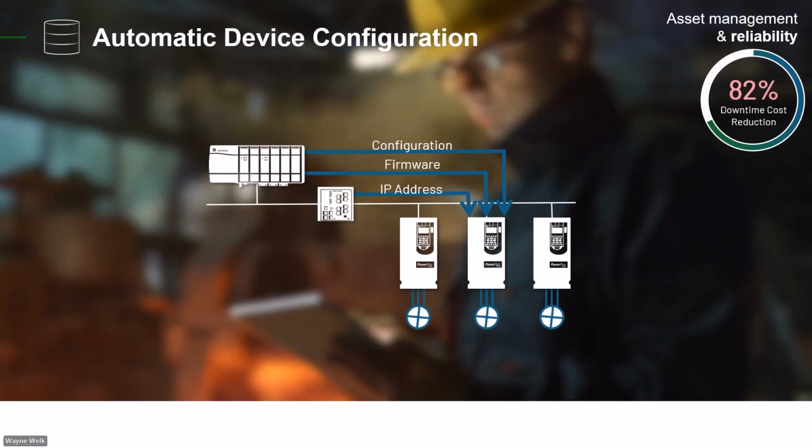The operator or the technician can put in a new drive and connect to the network. The controller recognizes the new drive and will put in the proper firmware and configuration. So you don't need to have your drive expert come to the plant at 2 a.m. and configure that drive. Essentially, you just connect the power and the network, and automatic device configuration will do the rest. Just a quick reminder. Go ahead and go to the next slide.